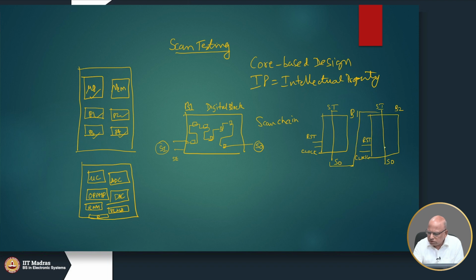This way there will be one single big scan chain. If you want to leave it as it is, that is also fine. Then there will be two scan chains. So, one will be scan in, scan out, scan in, scan out.